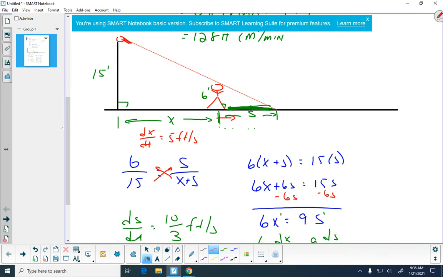Okay, what I gave is the length of the shadow. How fast is the length of the shadow increasing? Maybe I solved for the wrong thing. The length of the shadow increases at 10/3.